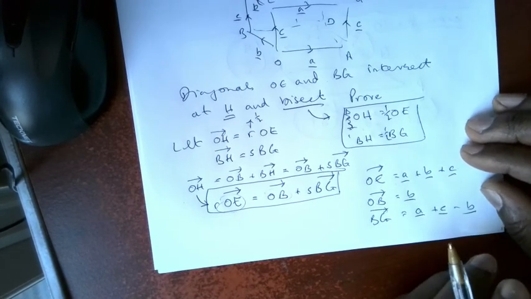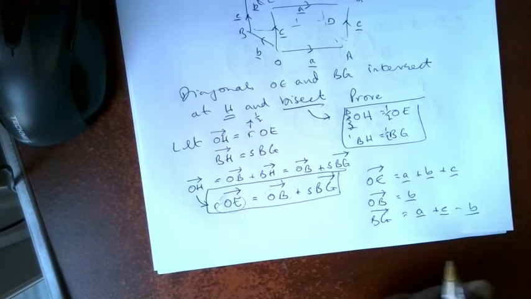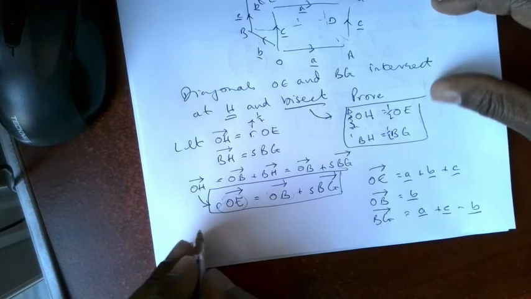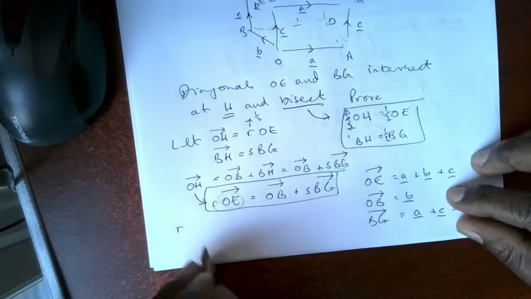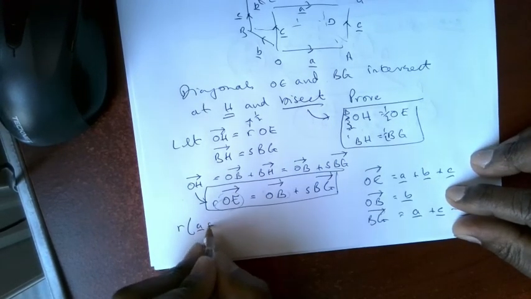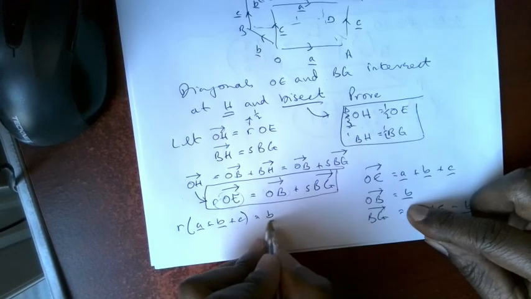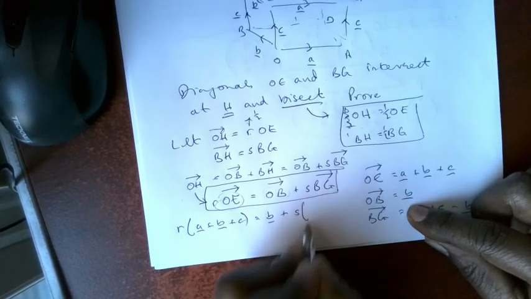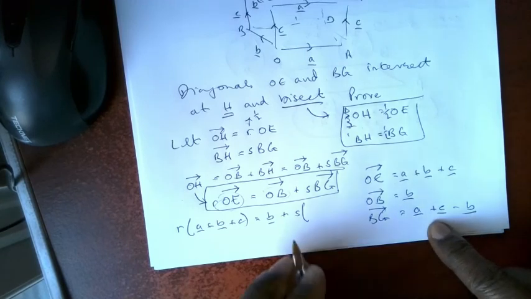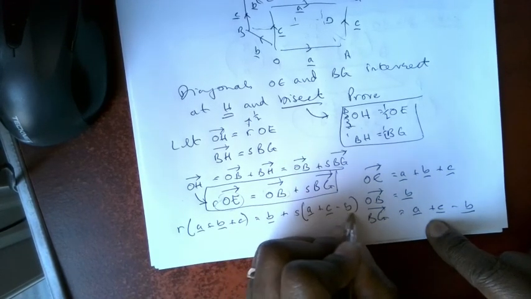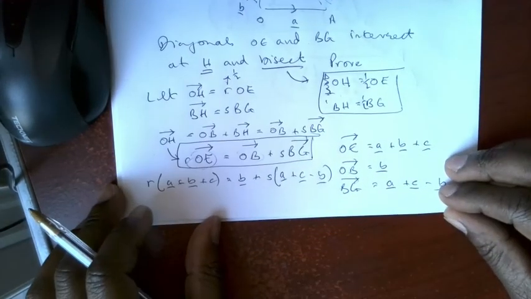Okay. Now, what that gives me now, all of this can go into here, and what I'll get is R OE, which is that A plus B plus C, equals O to B, which is just B, plus S lots of BG, A plus C minus B. Yeah, so it's all put together.